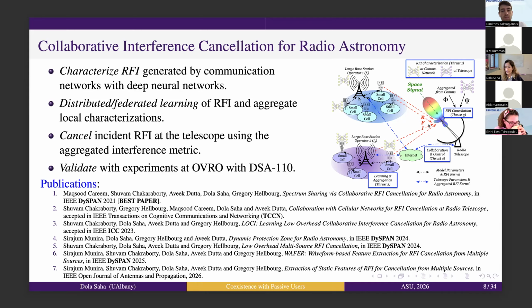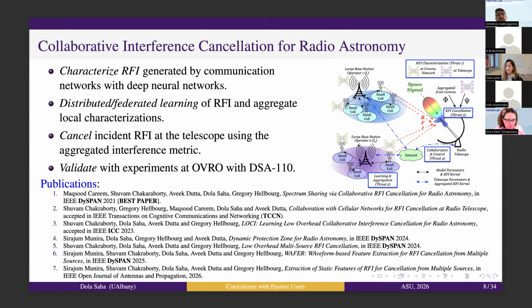We cannot coexist. So in this case, what we suggested is that we decompose the signal at the base station. Then that decomposed signal will be sent over the internet to the radio telescope. And then the radio telescope also receives the RFI and the signal from space, and at the telescope, we will do some calculations, some processing to separate the signal and then cancel the RFI and then retrieve the actual signal of interest from space.